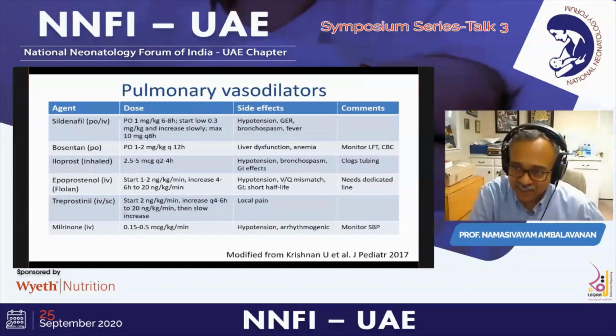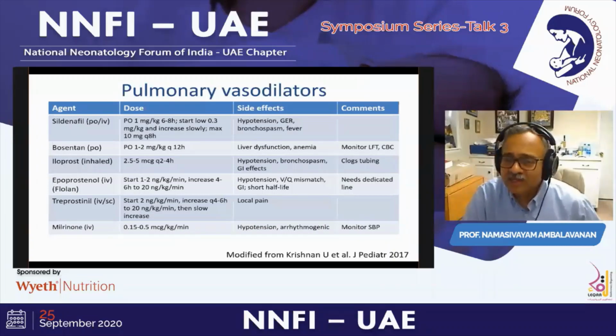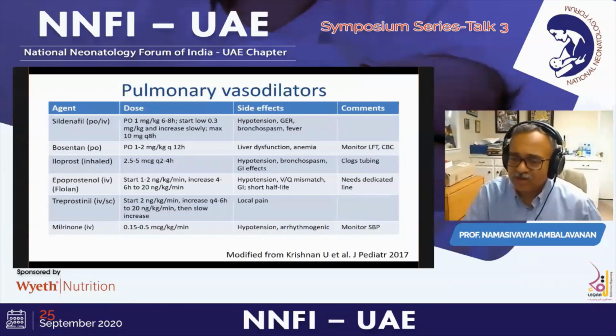These infants need to be monitored for liver dysfunction and anemia, so they need liver function tests and CBCs weekly. Iloprost, epoprostenol, again, experience is quite limited. Very few centers use them. Milrinone obviously needs an intravenous line and can cause hypotension. So we don't use it unless the infant already has existing IV access or is critically ill.